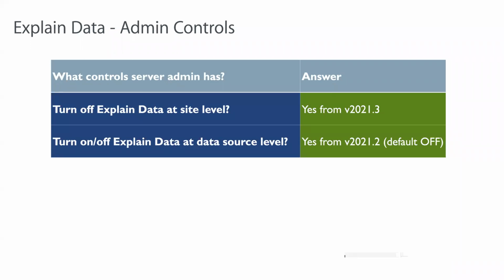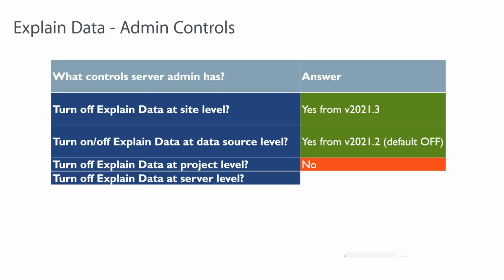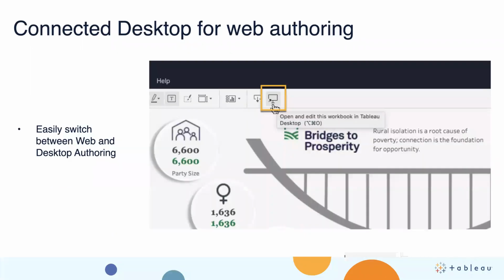Turn on, turn off at the data source level only by owners, okay? Can you turn off Explain Data at the project level? No. Can you turn off Explain Data at the server level? I'm not aware of that. All right, that is Explain Data.